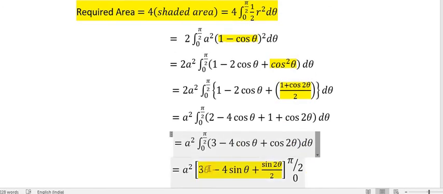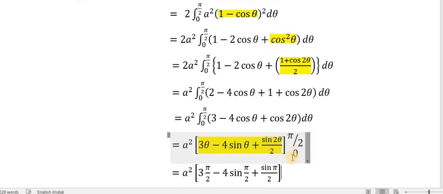Now integrate each term separately, that is integral of 3 is 3 theta, minus 4 cos theta is minus 4 sin theta, cos 2 theta integral is sin 2 theta by 2, and limits are 0 to pi by 2. No need to apply the lower limit because the total term vanishes when you put theta equal to 0.